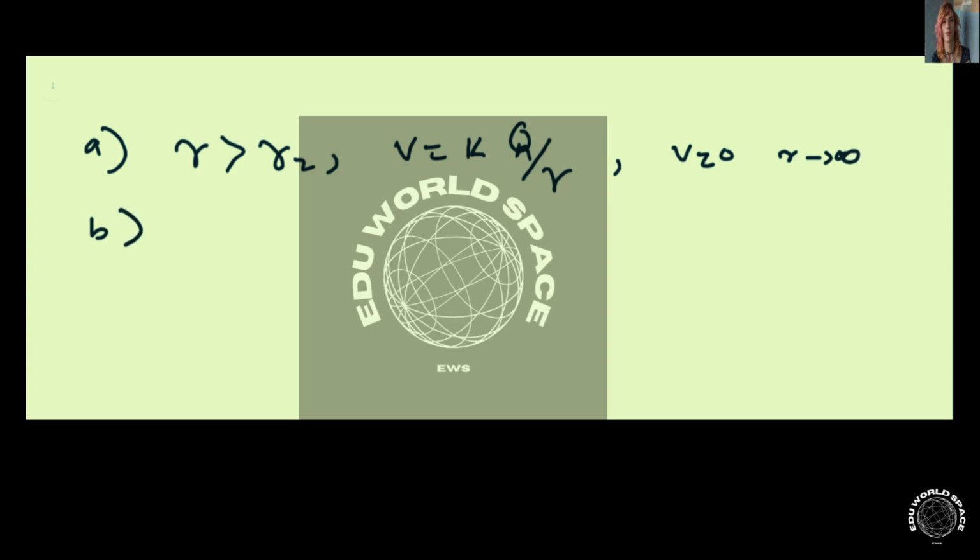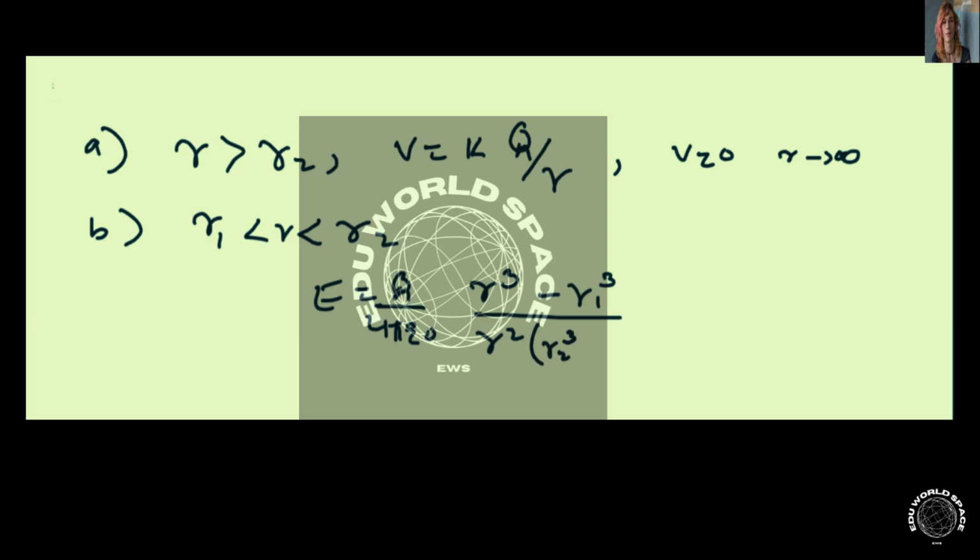For part B, in the region R1 less than R and R less than R2, we have electric field E equal to Q divided by 4 pi epsilon times (R cube minus R1 cube) divided by R squared (R2 cube minus R1 cube).